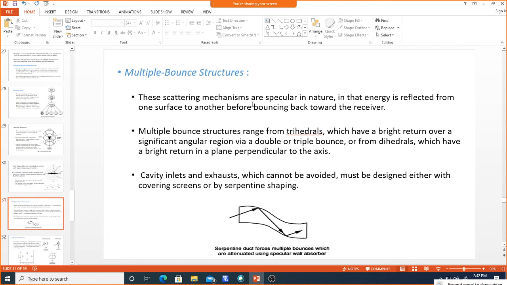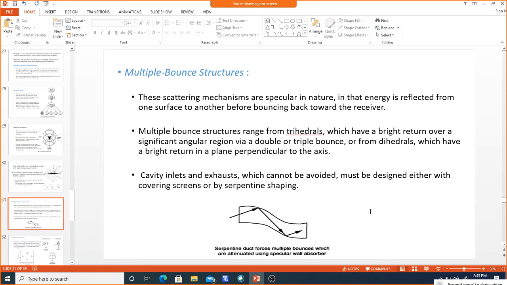These scattering mechanisms are specular in nature, so energy is reflected from one surface to another before bouncing back towards the receiver. Multiple bounce structures range from trihedral, which have a bright return over a significant angular region, to double or triple bounces. It depends on which shaping structure you use, trihedral, tetrahedral or pentahedral, and based on that you can have multiple reflections and reduce the bright return.